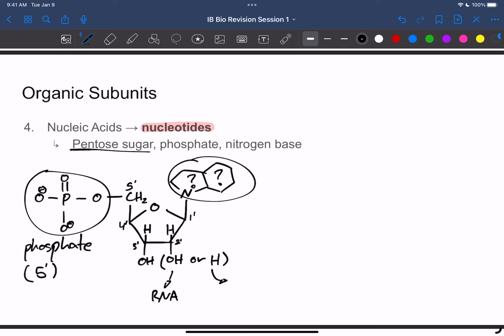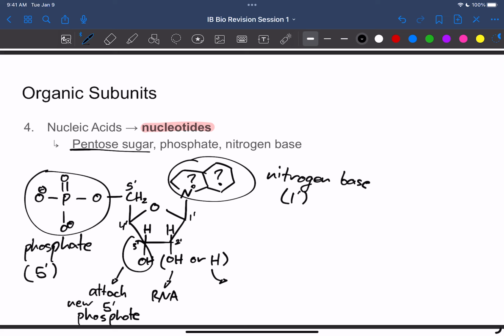And then this here is a nitrogen base, and this one would be 1 prime. Then this 3 prime OH is what's used to bond multiple nucleotides together, and this one will attach to a different 3 prime OH.